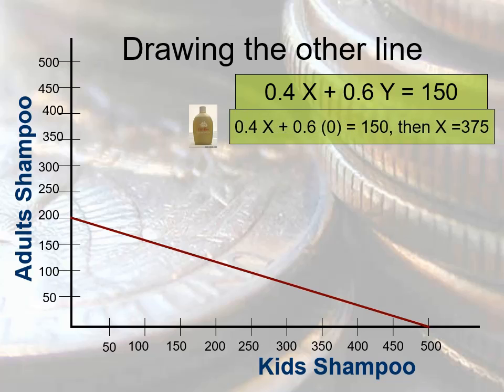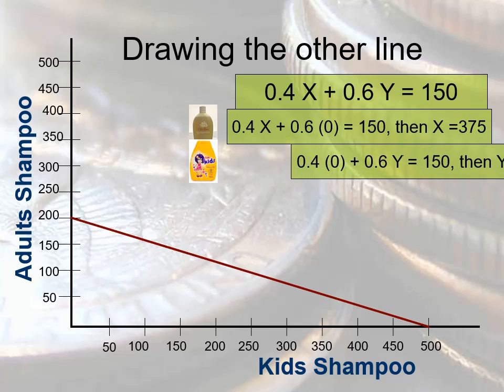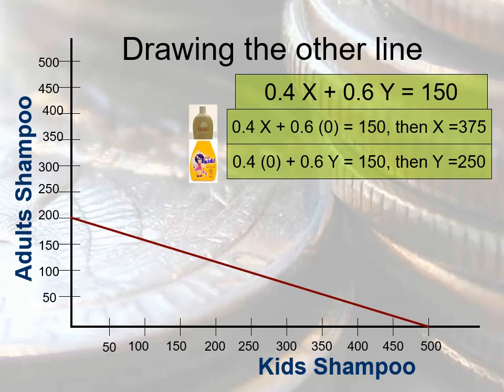Solving this equation will result in x equal to 375. And if we assume that we are producing only kids shampoo, then we will replace x by 0, so 0.4 multiplied by 0 plus 0.6 multiplied by y equal to 150. Solving this equation for y will result in y equal to 250.